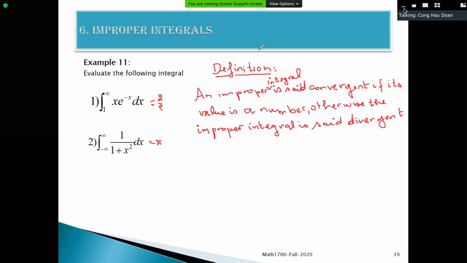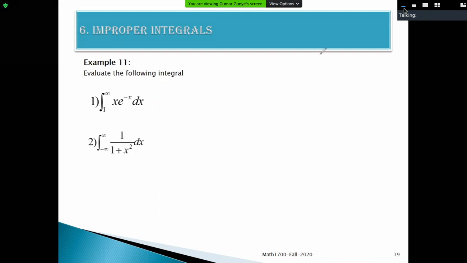Sir, can you go back to example 1? I haven't copied it yet. Pardon? Can you come back to example 1? I just finished checking my notes. Did I take PowerPoint or my notes? Your note, example 1. Okay, so we'll see it after.